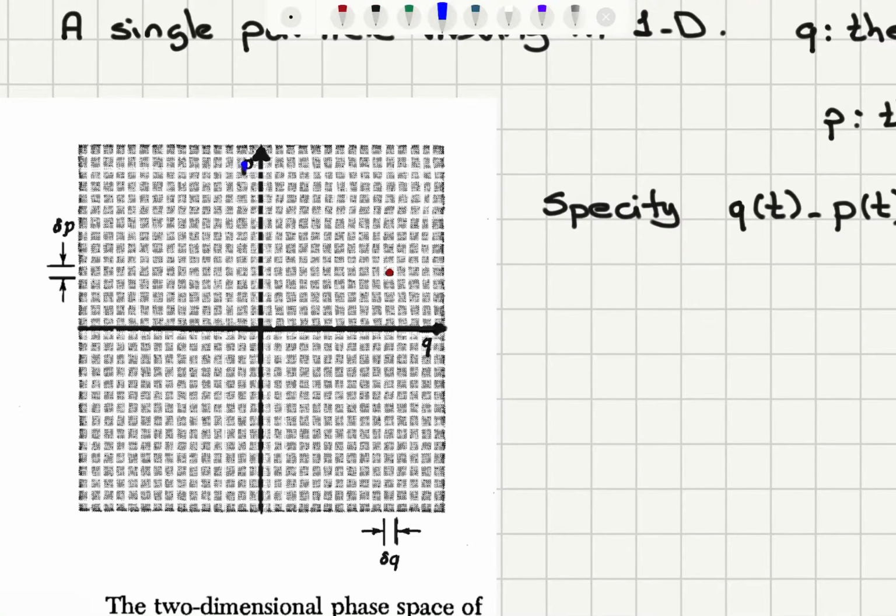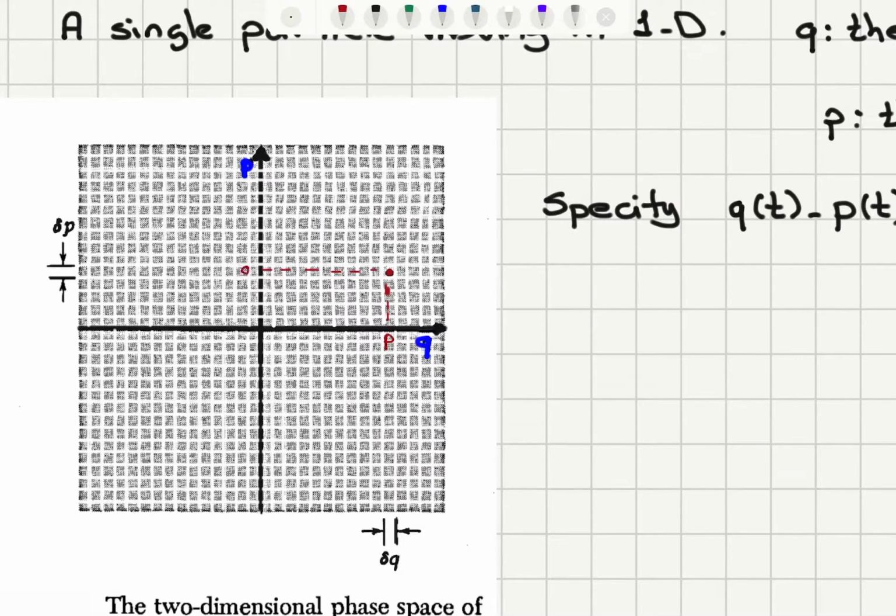So this is momentum P, and this is the coordinate of the position Q. And I divide this space into small areas, and I locate the position of my particle in this phase space if I specify the momentum of the particle and its corresponding position as well.